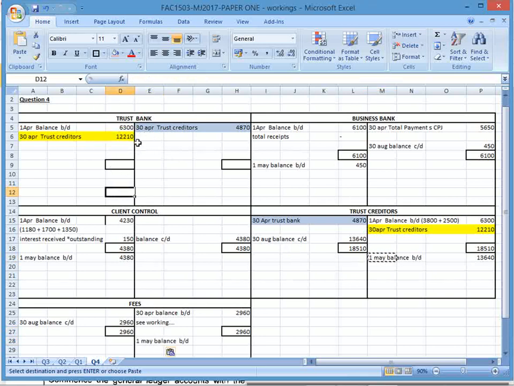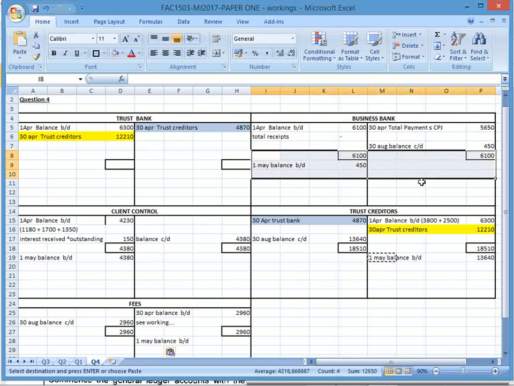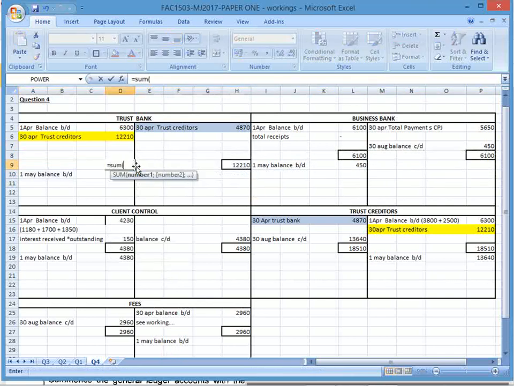Trust bank account, this side's bigger, right? So I expect a debit. This minus that gives me the balance. Hold on. Yes, that's right.